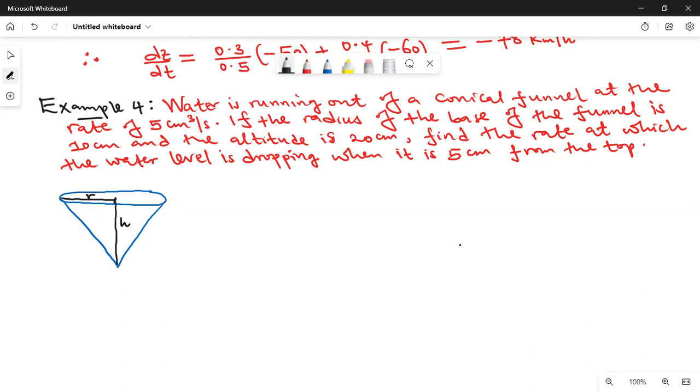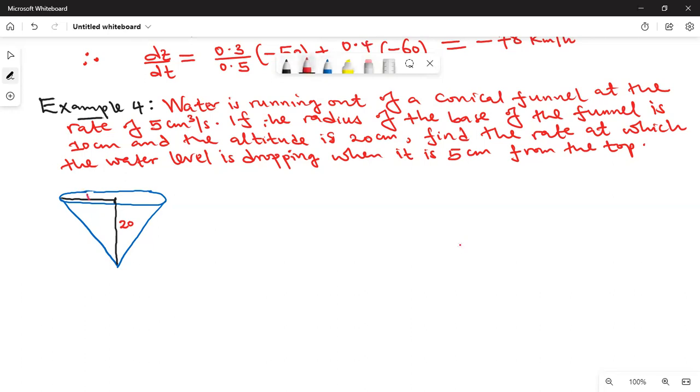But you see, this is a cone, a funnel where the radius is 10 and the height is 20. So initially, let me just change this. Instead of h, I'm going to write 20. Let me use another color. This is 20 initially, and the radius initially is, instead of r, we can use 10. Initially, the radius is 10. So this is a circle.